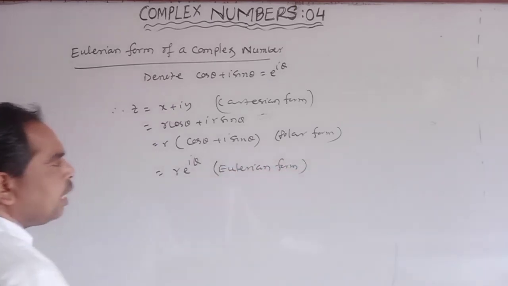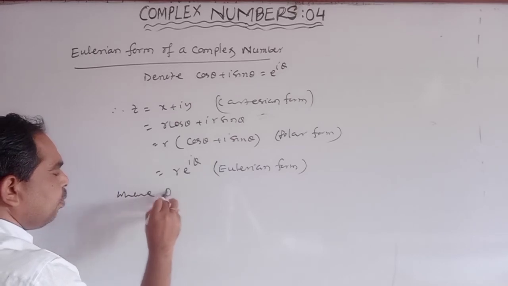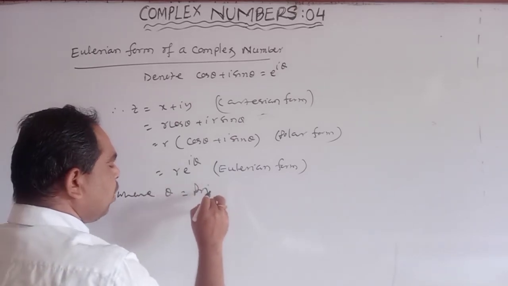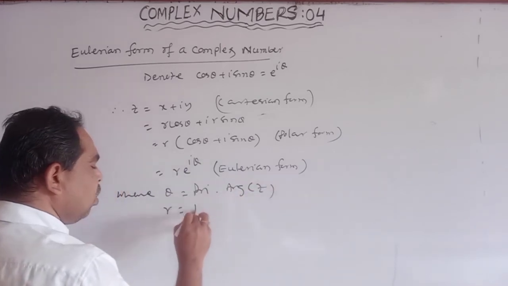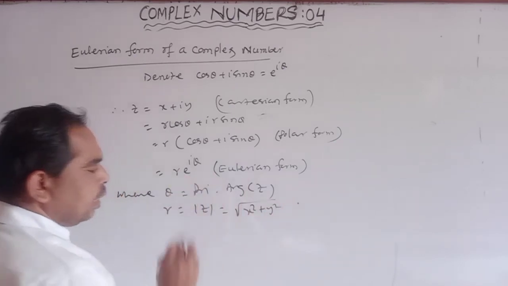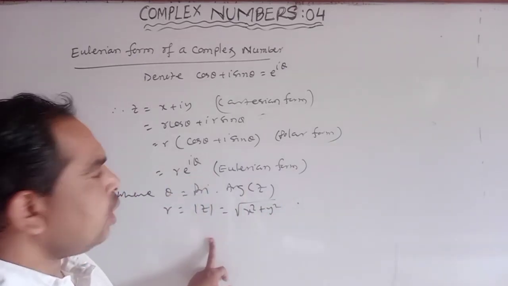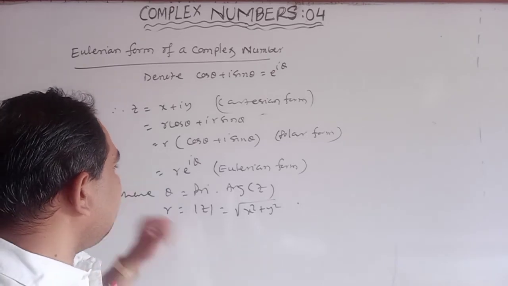Okay, the Eulerian form where theta is the principal argument arg z, and r is equal to mod of z, that is square root of x square plus y square. Okay.